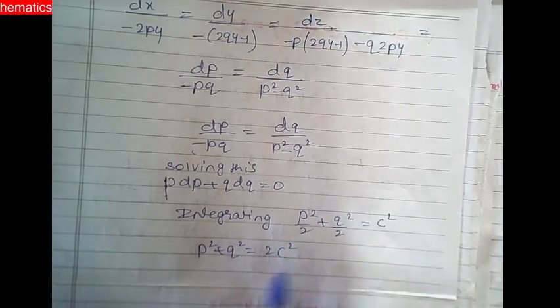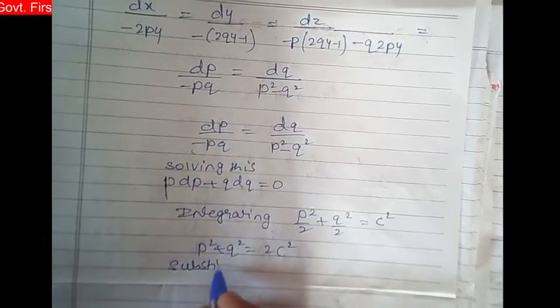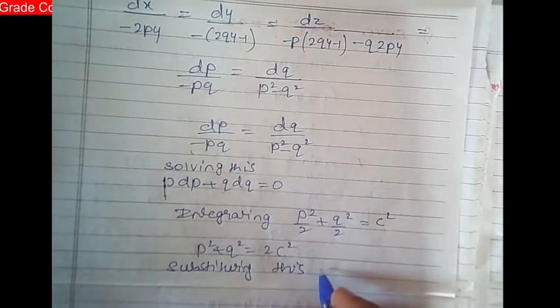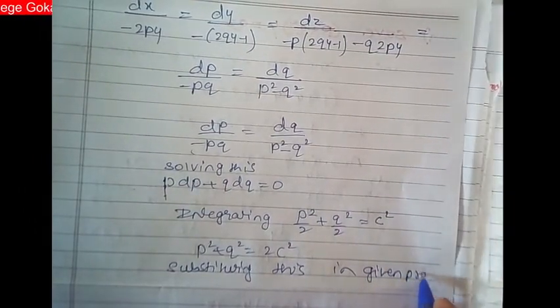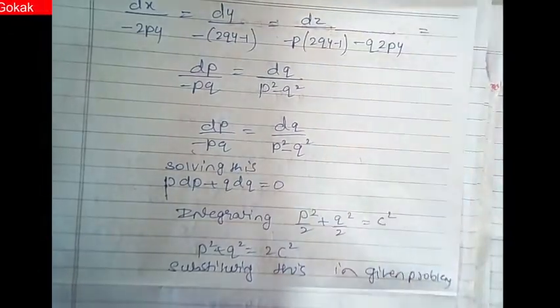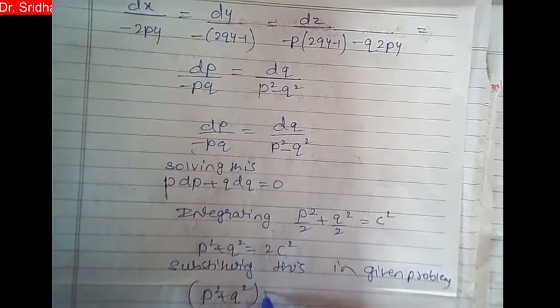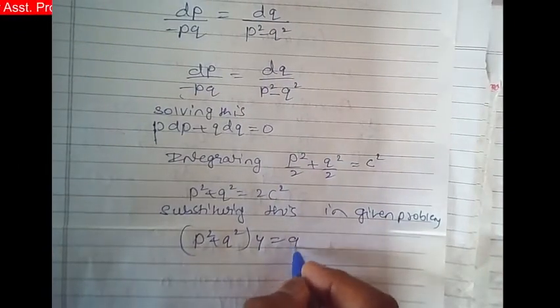Now substituting this value in given problem, that is p square plus q square into y is equal to qz.